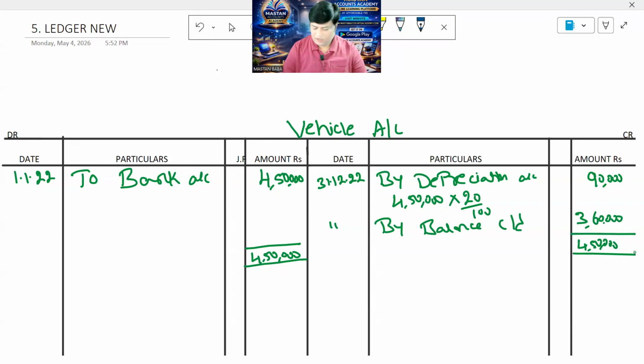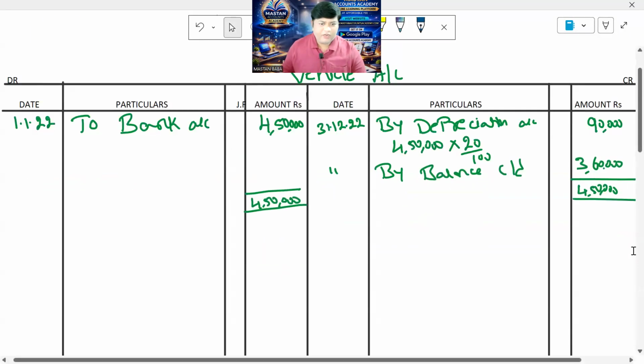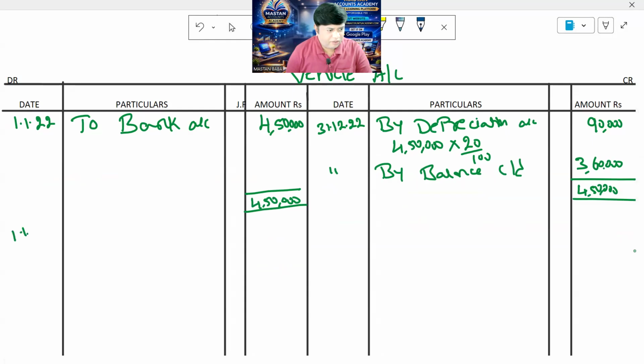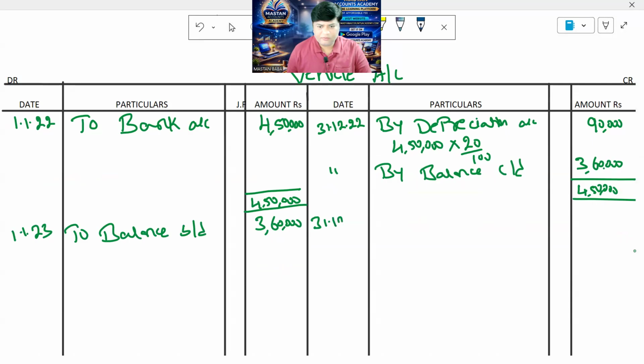3,60,000 rupees. And in the year 2023, neither purchase nor sale has taken place. So just take the balance value and calculate the depreciation for the whole year. To balance brought down 3,60,000 rupees, and 31st December 23 by depreciation account.